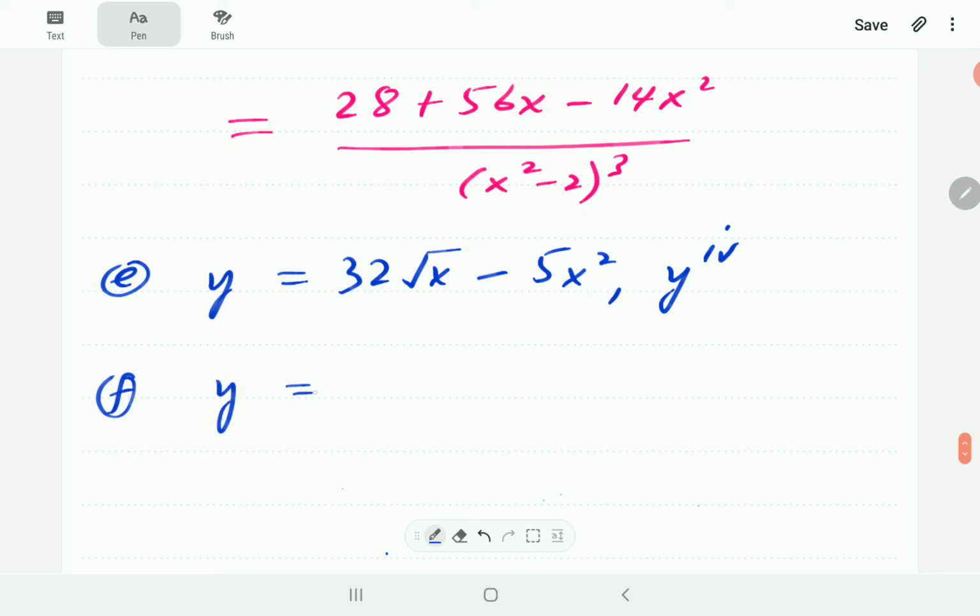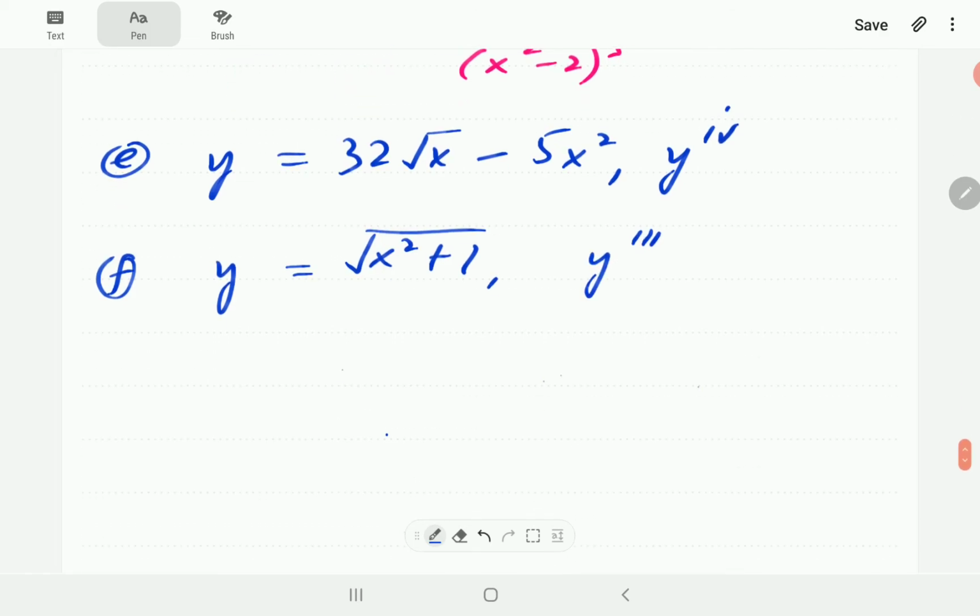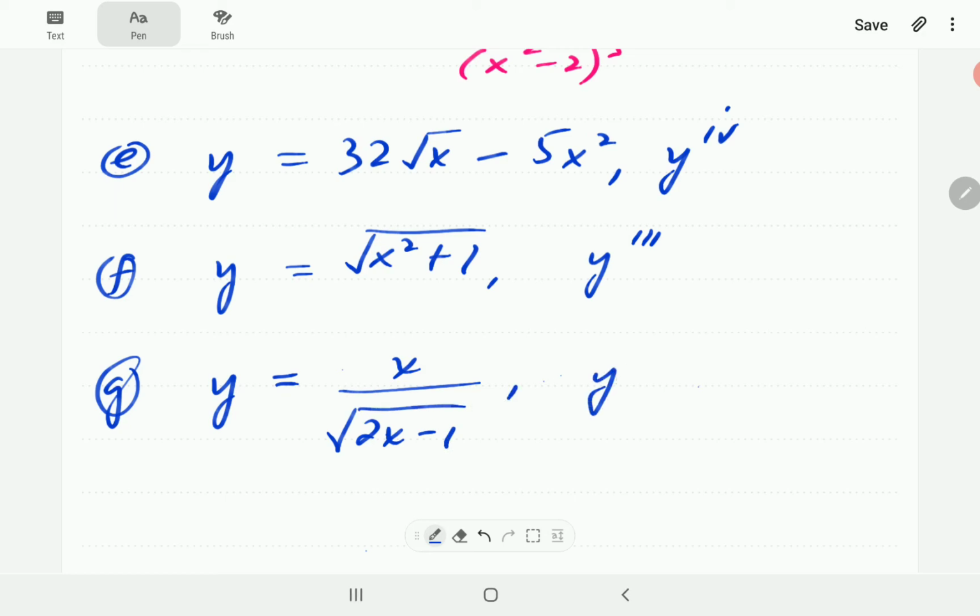In F we have got the square root of x squared plus 1, you're going to find the third order derivative, and in G we have got x over square root 2x minus 1. You are going to find the second order derivative. Right, so if you just want to pause the video, have a go at these, and then when you continue the video you can compare with our answers.